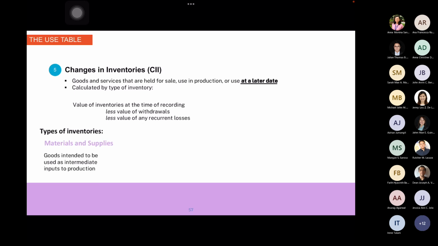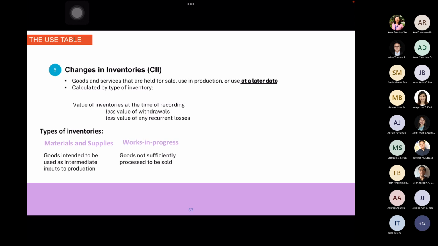So for the main types of inventories, we have the following. First, we have materials and supplies, which are goods intended to be used as intermediate inputs to production. So these are products that an enterprise holds in inventory with the intention of using them as intermediate inputs to production. Then next, we have works in progress.